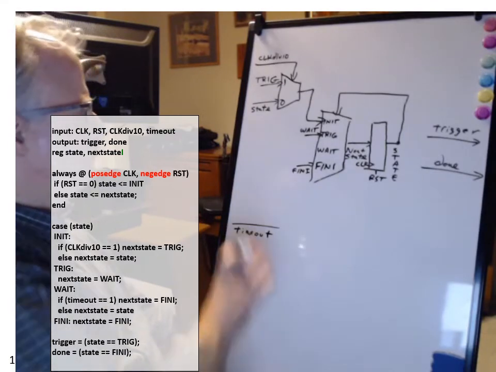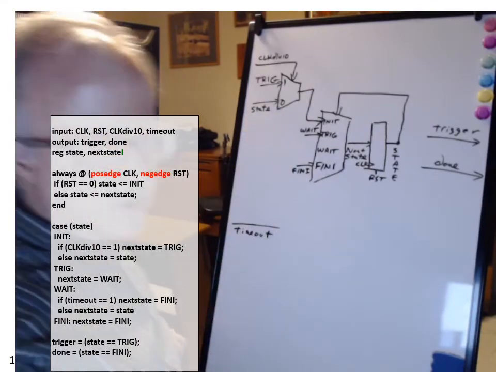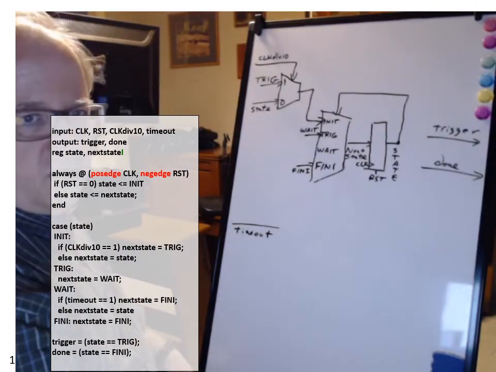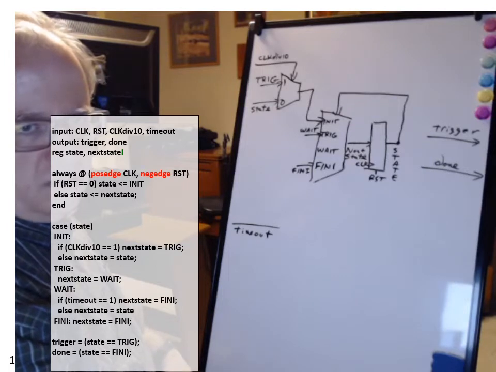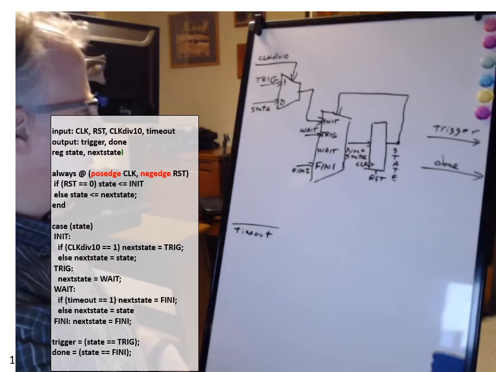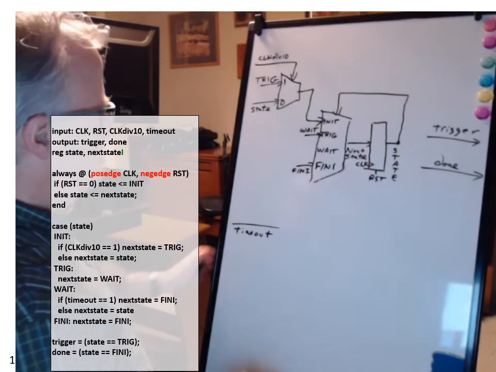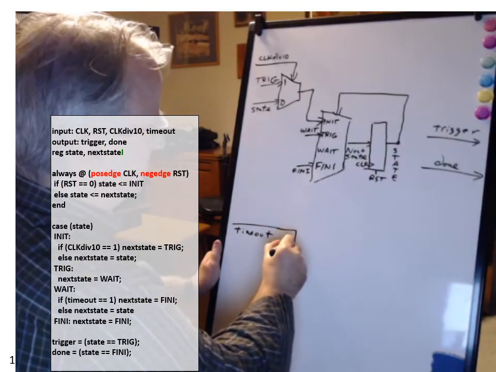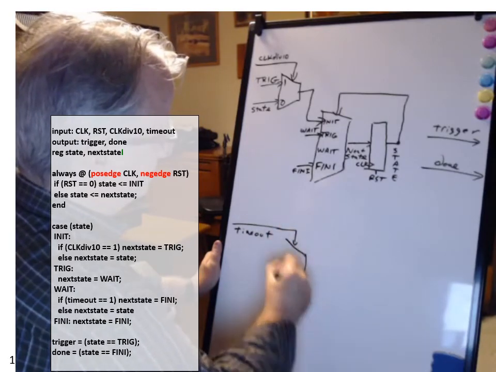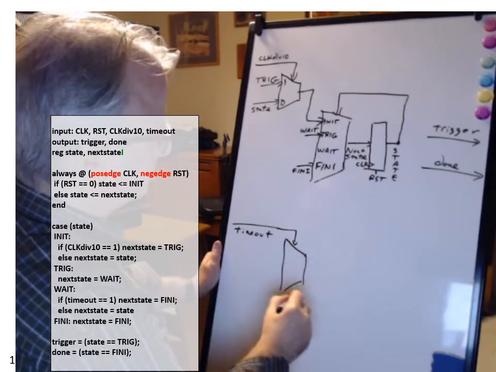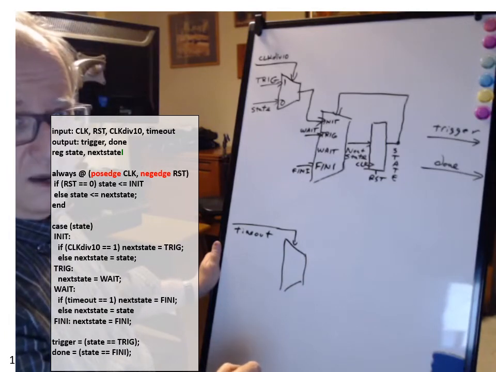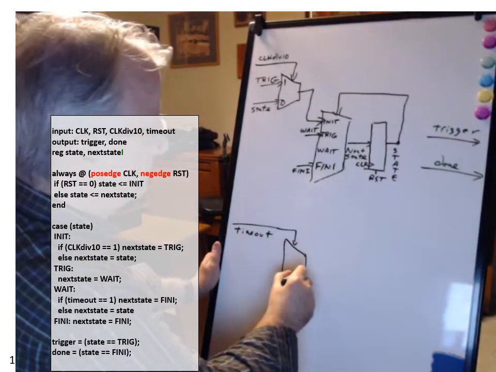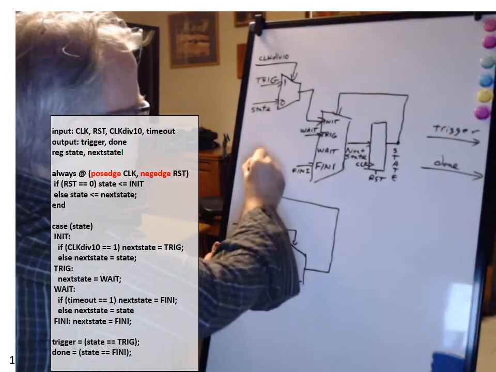And I hope you can stare at this a little bit and convince yourself that what I've drawn here implements the logic here. Okay, timeout is controlling whether next state is fini or current state. So I'm going to let it control a mux, and the output of that mux is going to be the next state when state is wait.